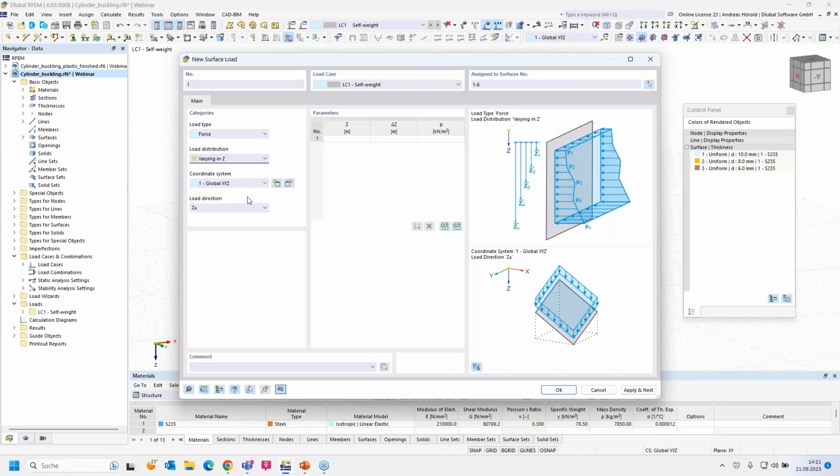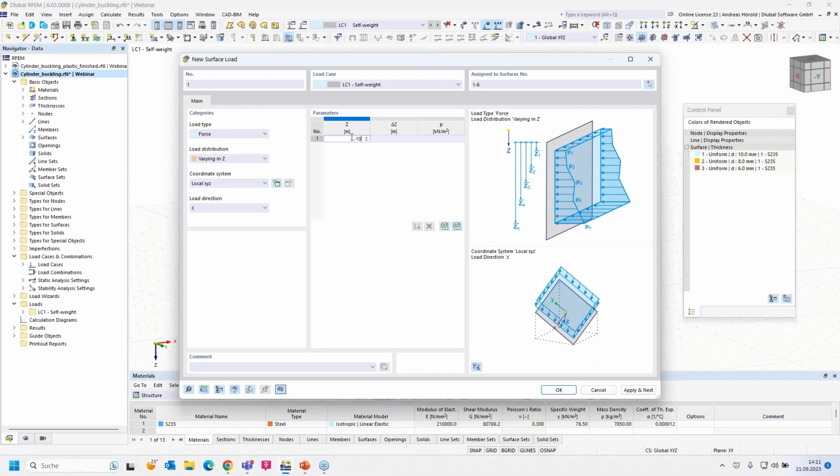Varying in Z, the global Z direction, you can define different values over the height. So I switch to the local coordinate system for the surface, and we would like to apply the load perpendicular to the surface area in local Z direction. So we only need to define the parameters.